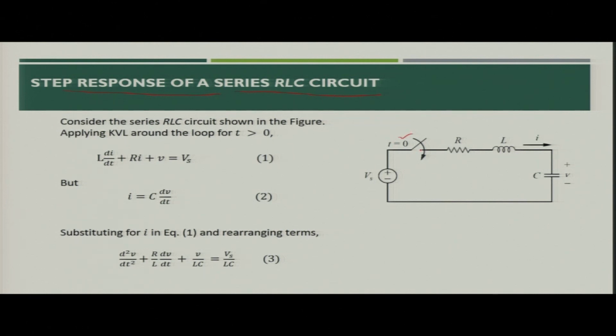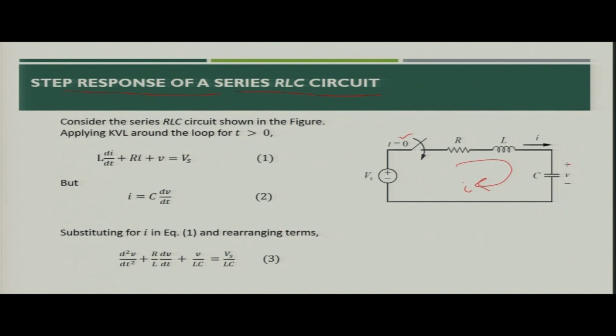When you close the switch, there would be a current flowing in the mesh, let us say this is I. Now, you have to write the mesh equation for this circuit.